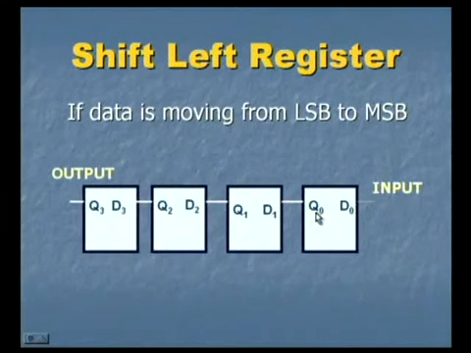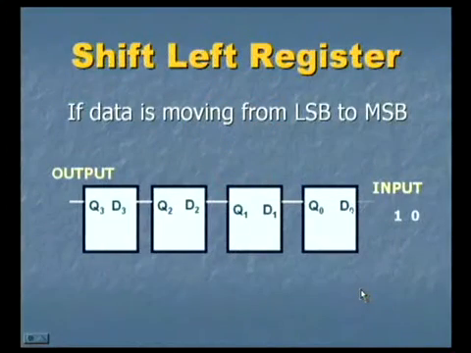Here you can see D0, D1 as such. D0 is the LSB and D3 is the MSB. Data is moving from input to output from LSB towards the MSB. This is how the data moves. Upon each clock pulse, one data bit will move inside.